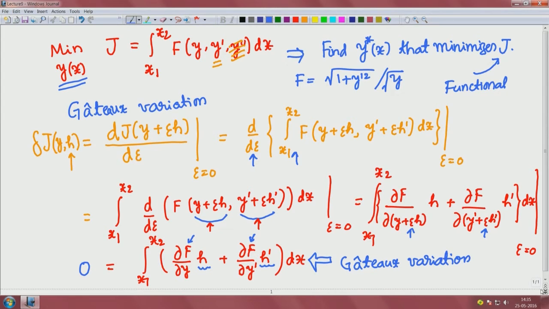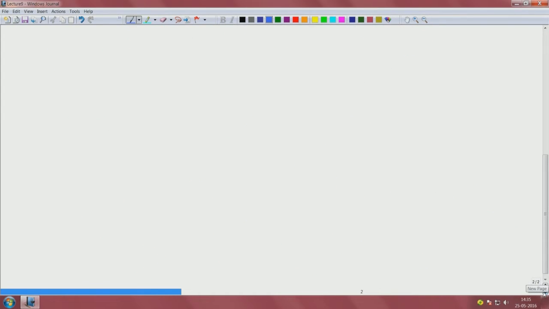So, now if we proceed further, I will write what we had at the end of the last slide. What we have is this variation of y and h for the J that we considered.